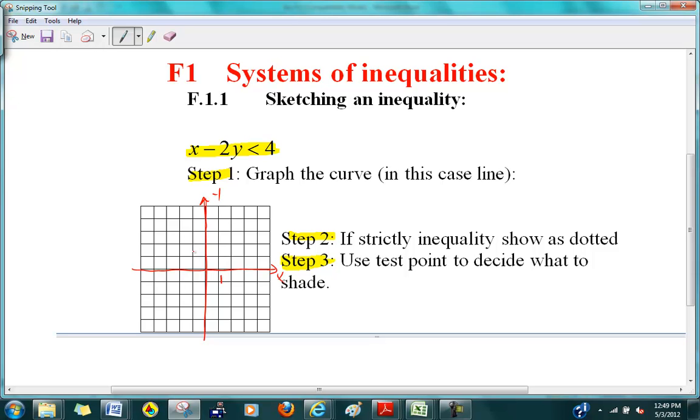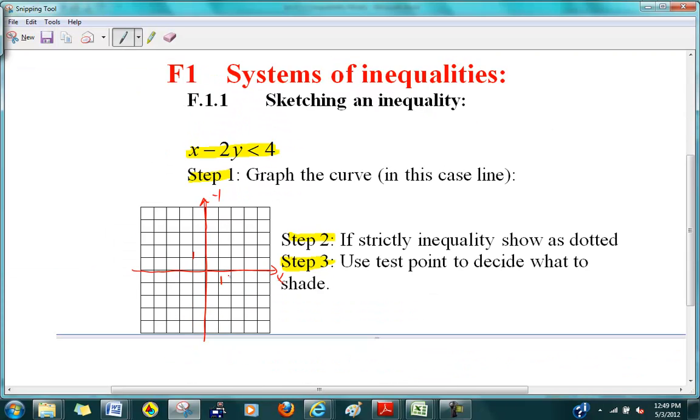My scale, I'll graph the line, so when y is 0, x is equal to 4. When x is 0, y is negative 2. So here.